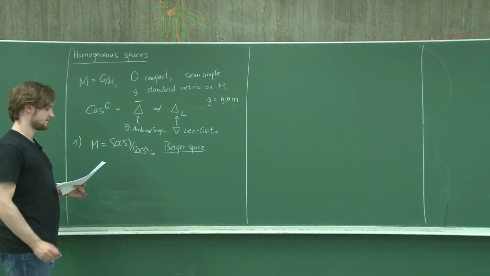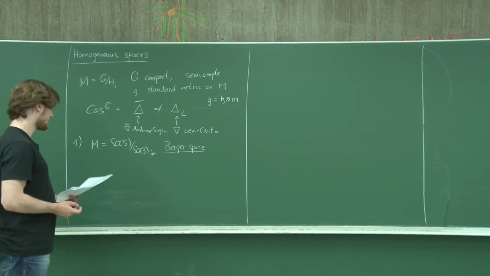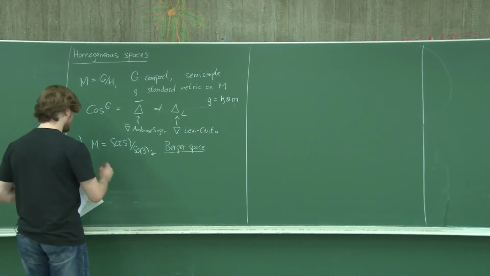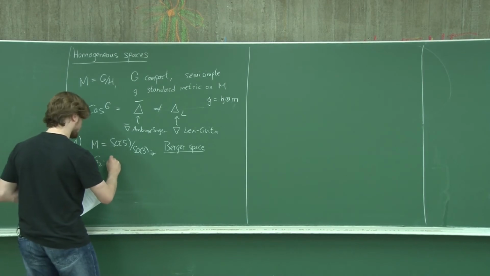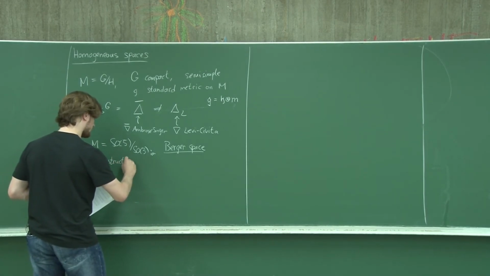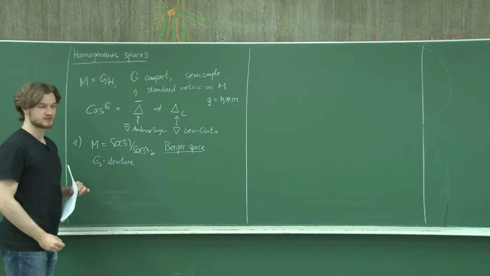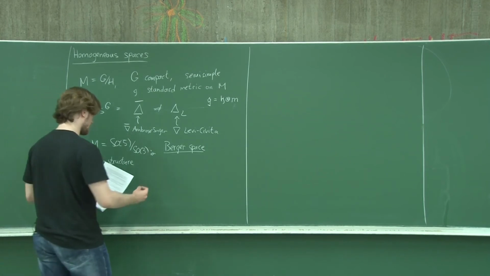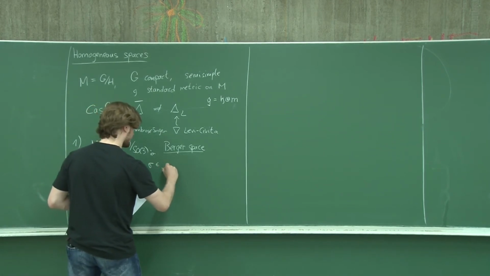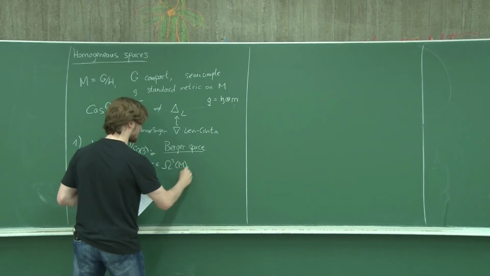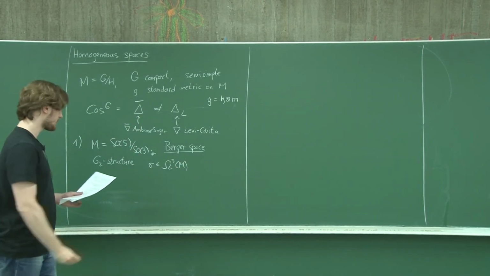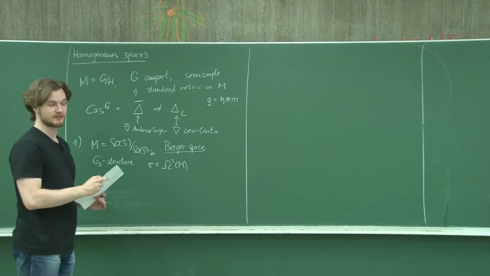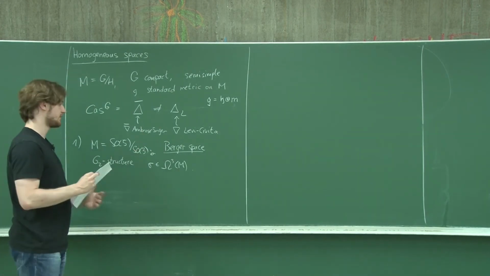So yeah, what do we do? This space carries a G2 structure, as it turns out. And this G2 structure manifests as a certain 3-form, sigma, on M. And we can express the difference between those two connections in terms of sigma.